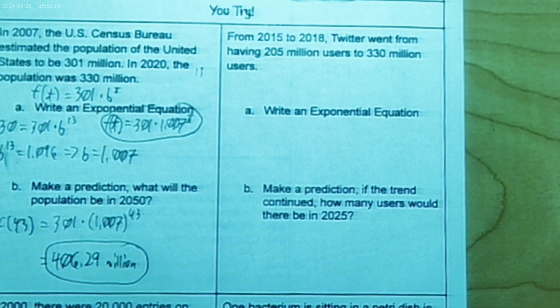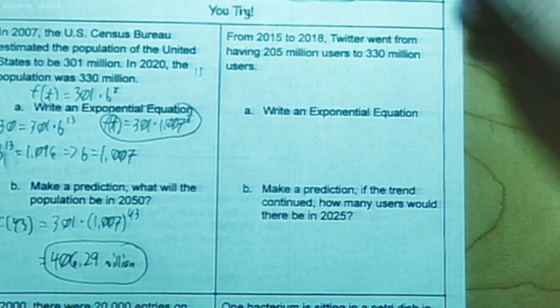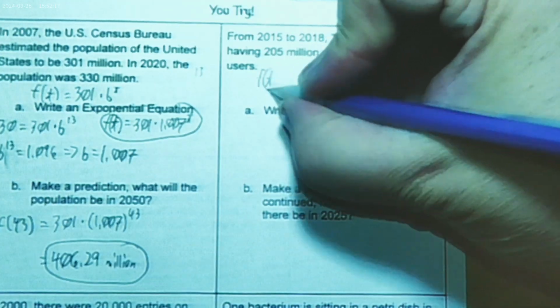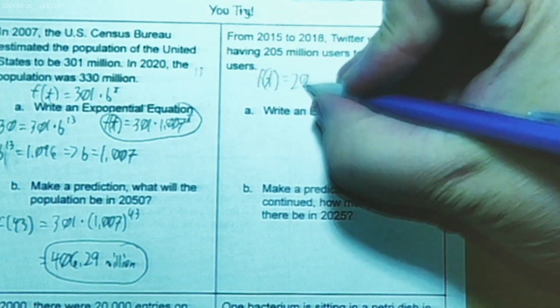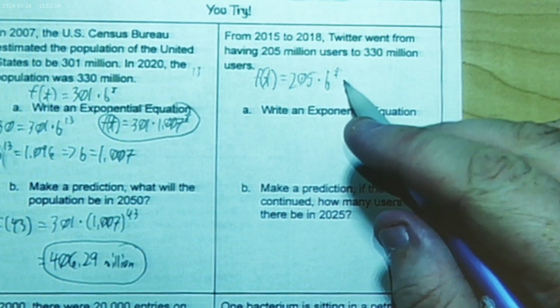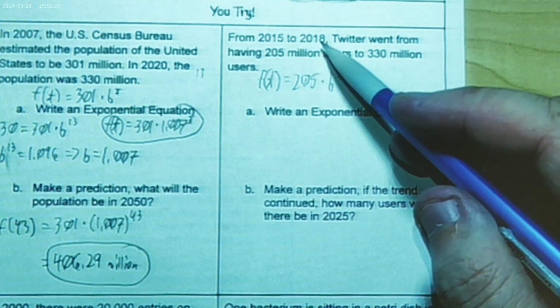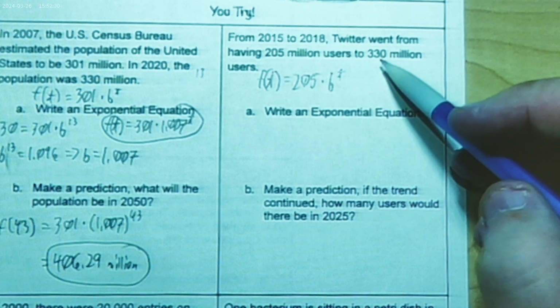So that means that in year 0, we have 205 million users. If that's our value at year 0, that means we've got 205 times whatever the rate is to the time. Now we have our second point, which is 2018 and 330 million users.